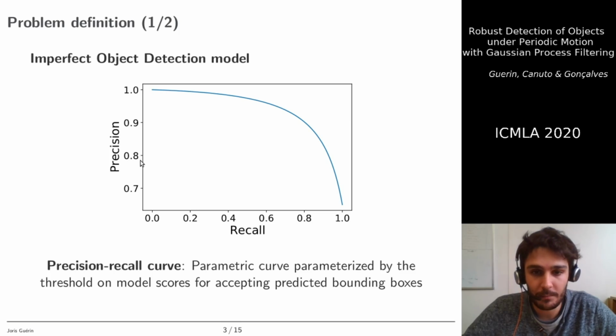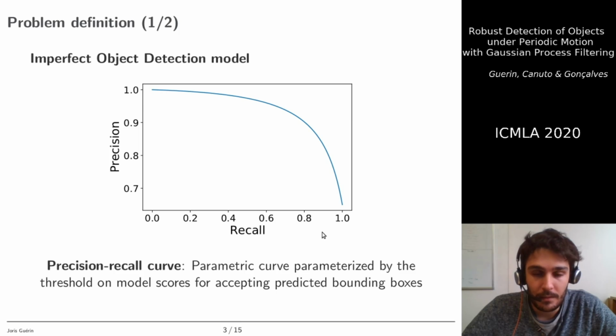So the objective is basically to have a point here with recall of 1 and precision of 1, meaning that you find all your objects and none of your predictions are mistakes. The more you increase this threshold, the more the recall goes lower, but the precision goes higher. It's usually like this. It has to be like this, actually.